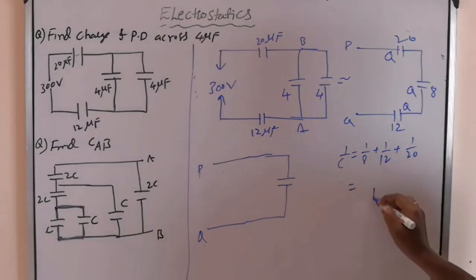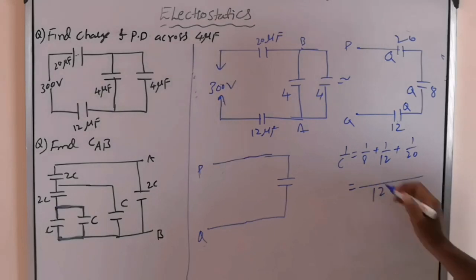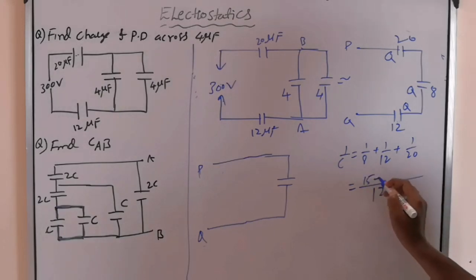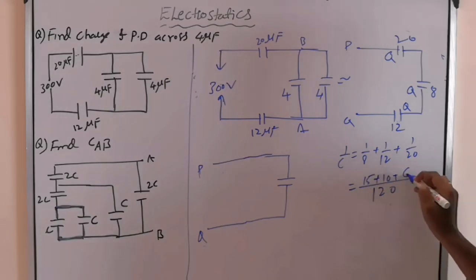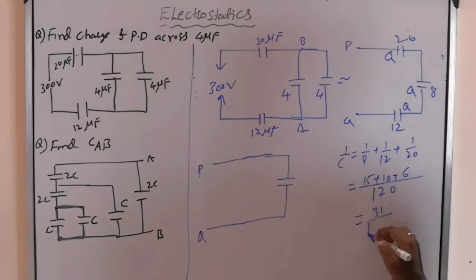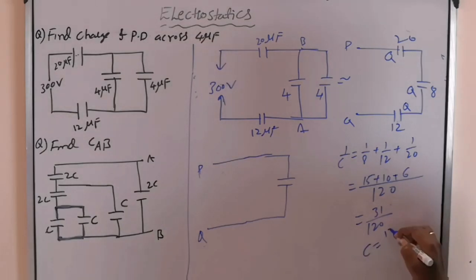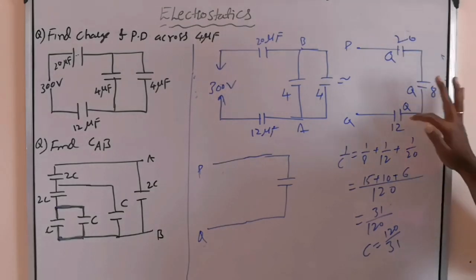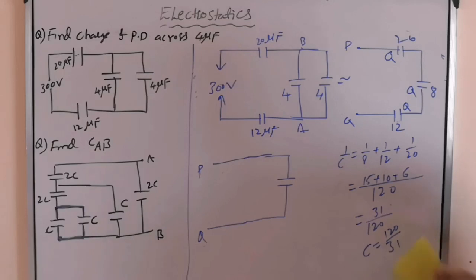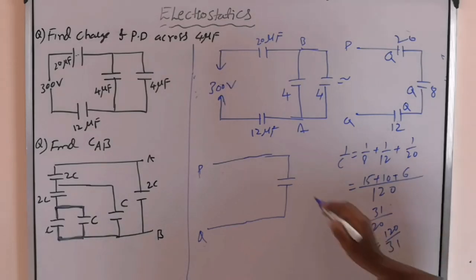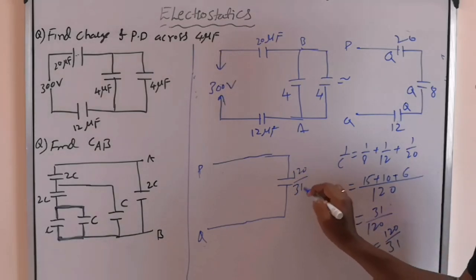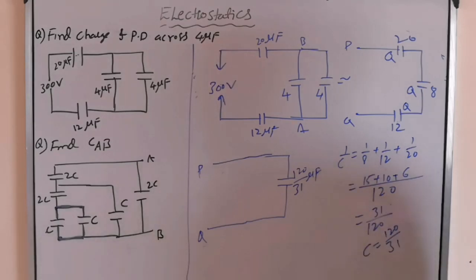The LCM is 120: 15 plus 10 plus 6, that is 31 by 120. But this is the 1 by C value, and we want C, so 120 by 31. So the effective capacitance of these three in series is 120 by 31 microfarad.